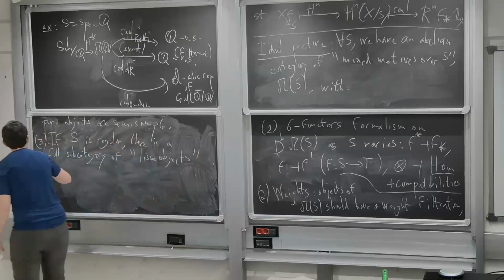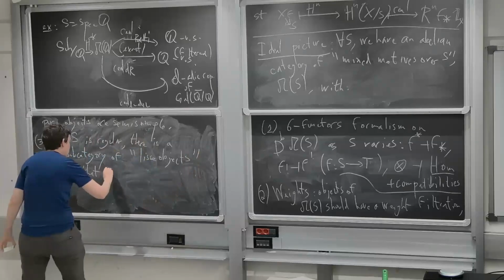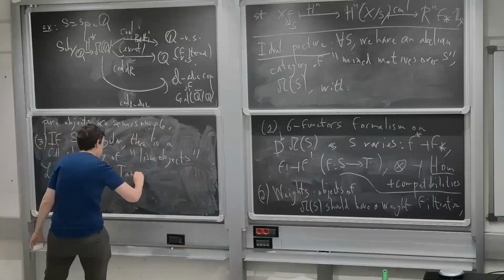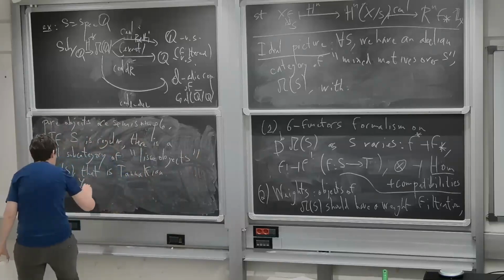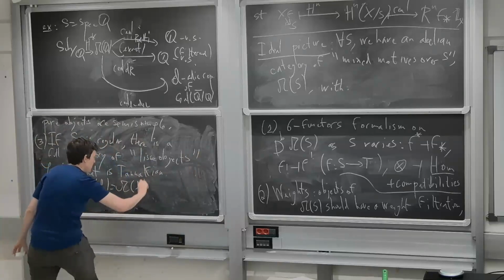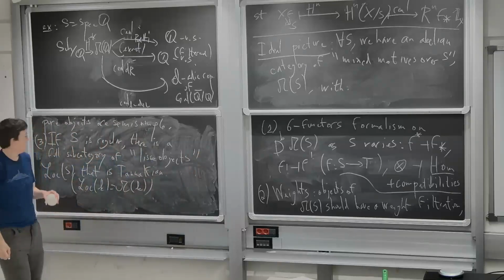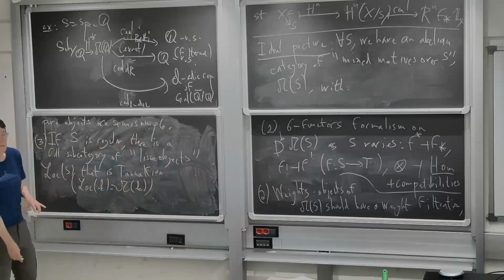So if you're over a field, every object is this. Okay, so this is what we would use to define motivic Galois groups, for example.